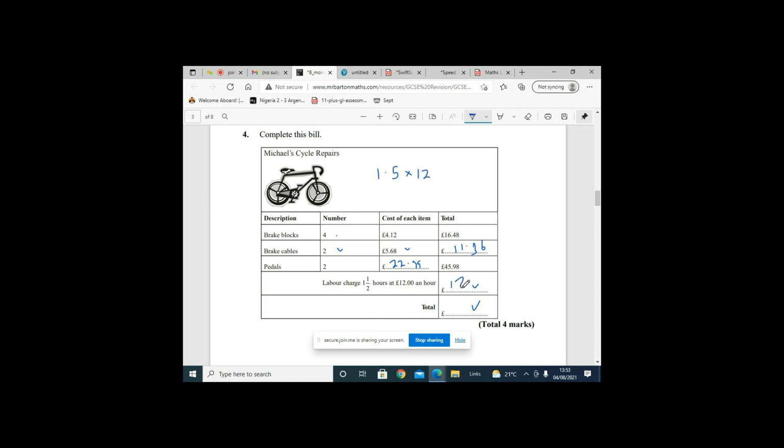That's 18. Then you add them all together: 16.48 plus 11.36 plus 45.98 plus 18, and there you get the final answer. It's just simple. It's part of what we did last week, but no problem.